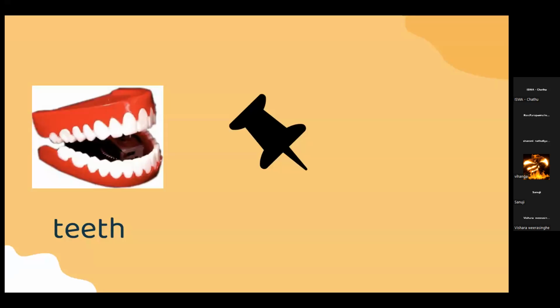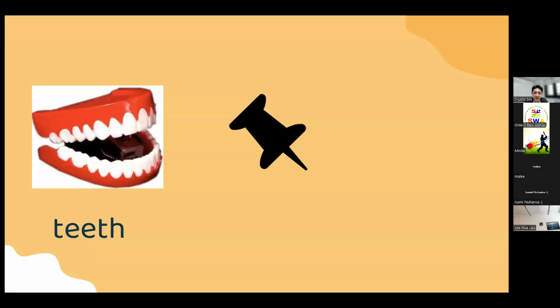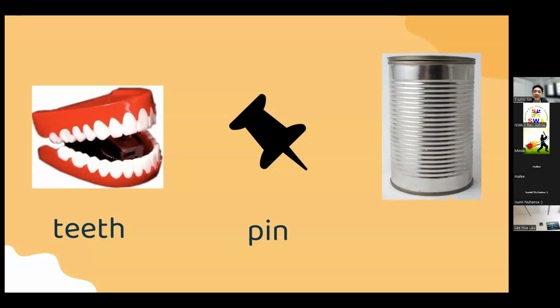Pin. And this one, is it a short or long? Short. That's correct. And what's this? Tin. Yes, that's correct. And is it a short or a long one? Short.